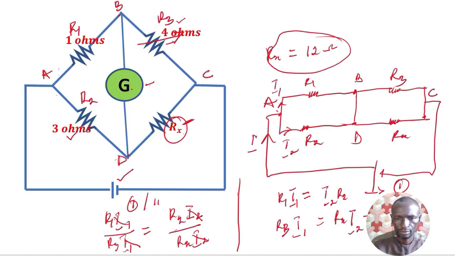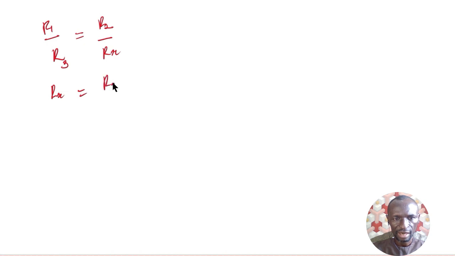Then I can conclude that R1 over R3 is equal to R2 over Rx. Then my Rx will be the same thing as R2 R3 over R1.